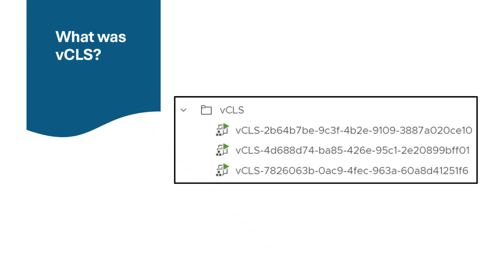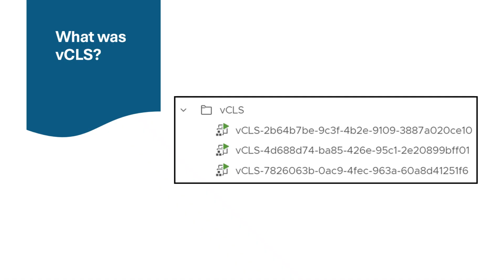It was introduced in vSphere 7. The main goal of vCLS was very simple. It is used to make sure that DRS always works even if vCenter goes down. That is the objective of this vCLS VM.